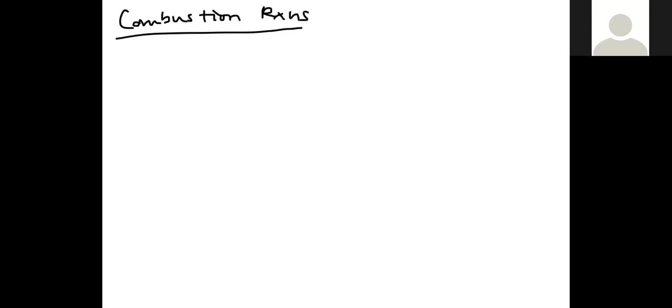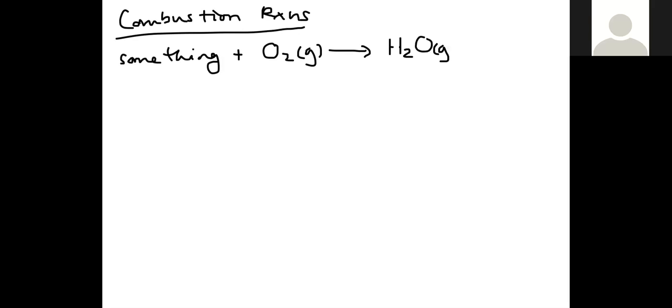You need the fuel, which we're just going to say is something, plus oxygen, O2, and you will add heat, but we don't have to draw that out, goes to H2O gas and CO2 gas.